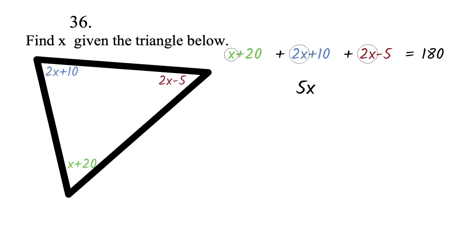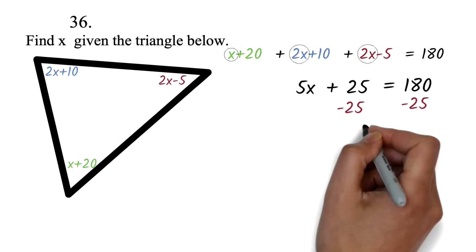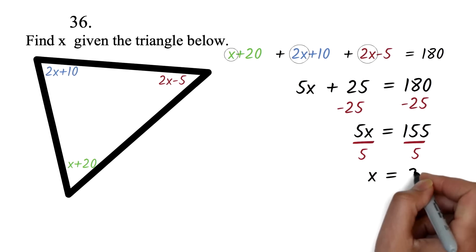Then we add all the numbers, 20 plus 10 minus 5 to get 25. So we have 5x plus 25 equals 180. We have a two-step equation. We subtract 25 from both sides to get 5x equals 155. Then we divide both sides by 5 to get x equals 31.